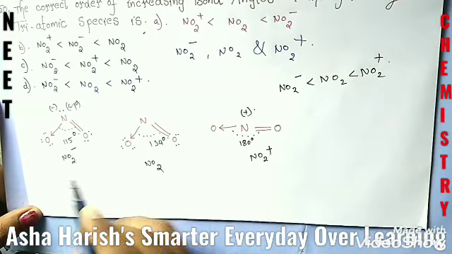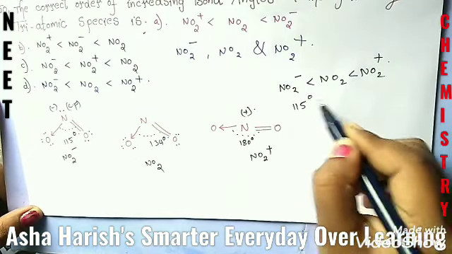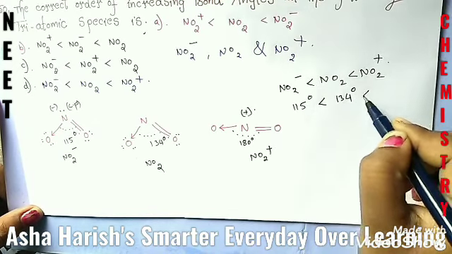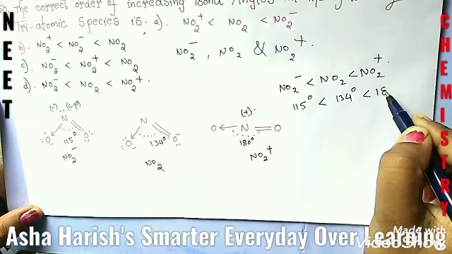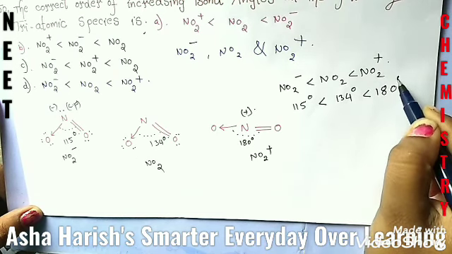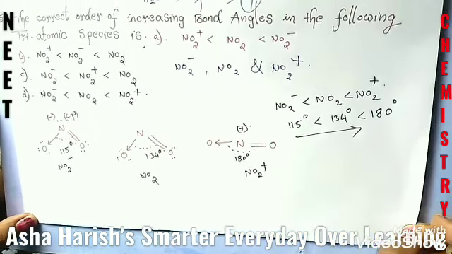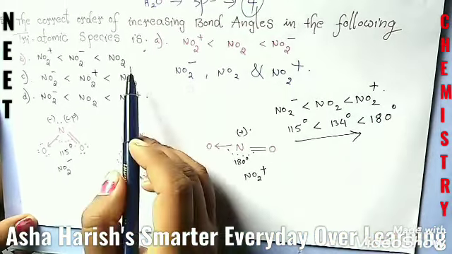For NO2 minus, that is 115 degrees, less than 134 degrees, less than 180 degrees. This is the increasing order of bond angles of the following triatomic species.